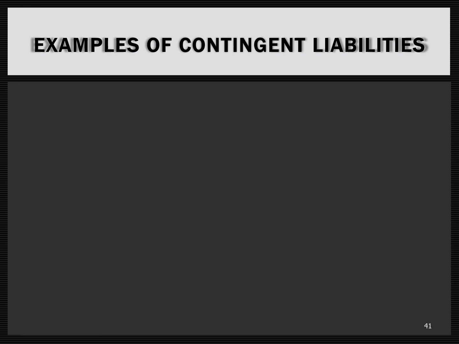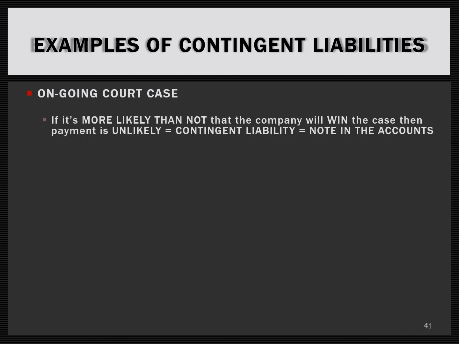Some examples that might crop up of liabilities: if there's an ongoing court case and if we think we're going to win the case, if it's more likely than not that we'll win the case, then a payment's unlikely, and that means that it's a contingent liability and we need to make a note in the accounts.